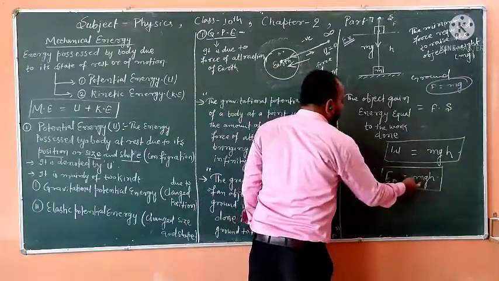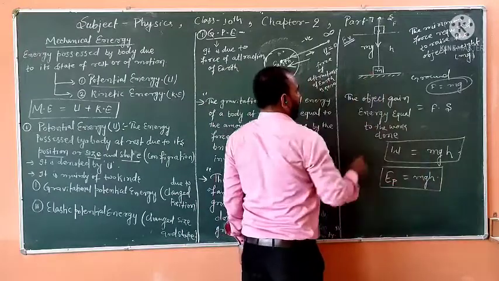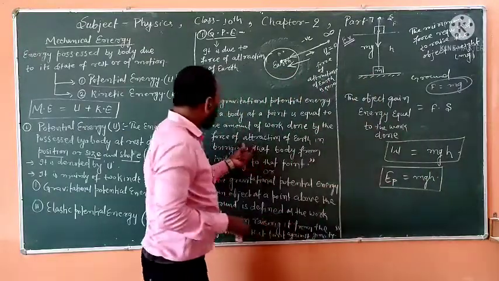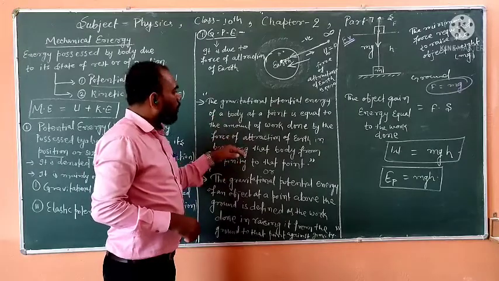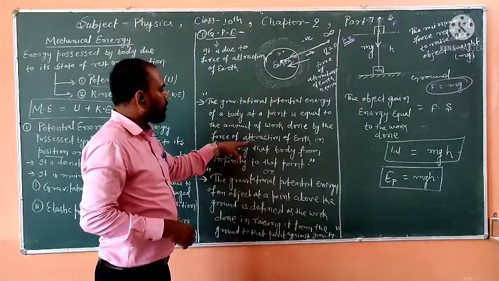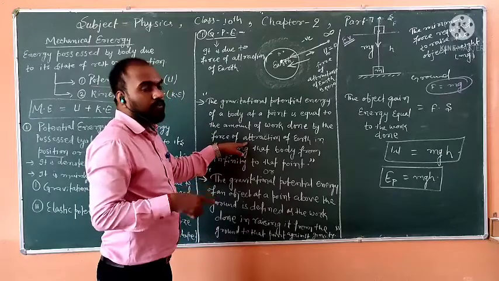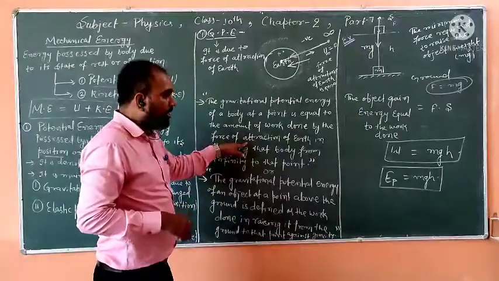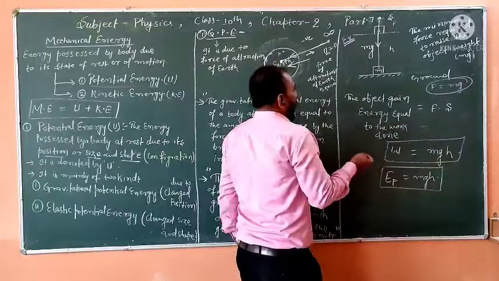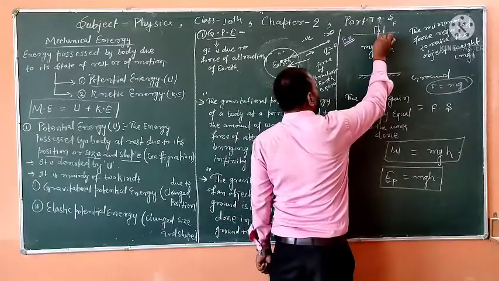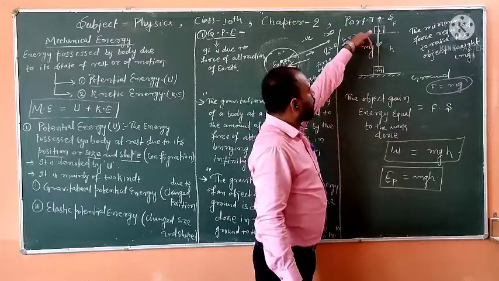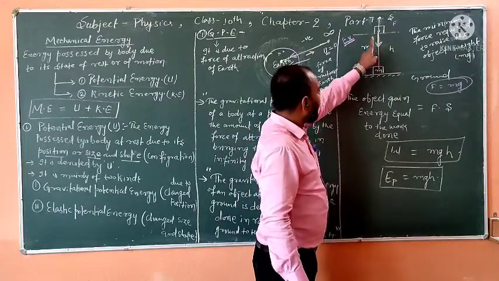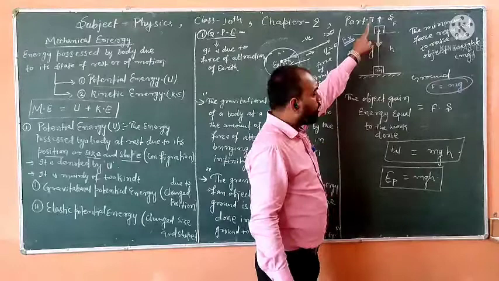I am doing work against gravity, and from this definition, we consider the work done by the force of gravity. So the work done by the force of gravity will be negative, because the force of gravity is downward and displacement is upward.